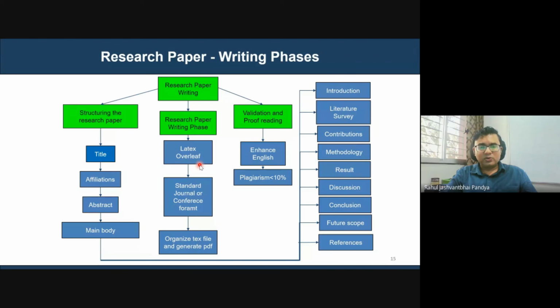We also have to understand the format required by the target journal or conference, pick a format accordingly, and organize the text and build the paper in that direction. Finally, in validation and proofreading, we enhance the English standards to the next level, and we keep the plagiarism below 10%.